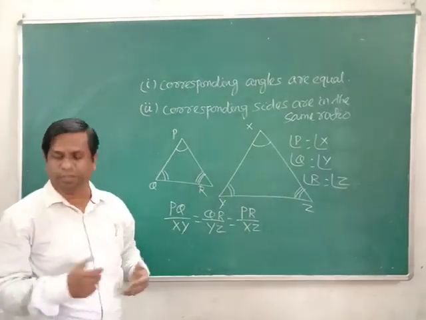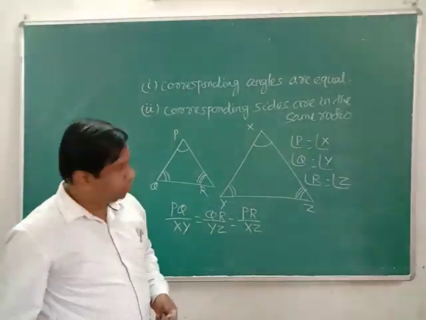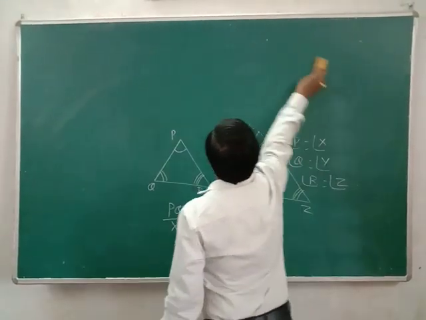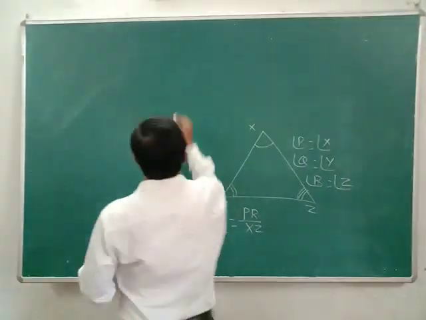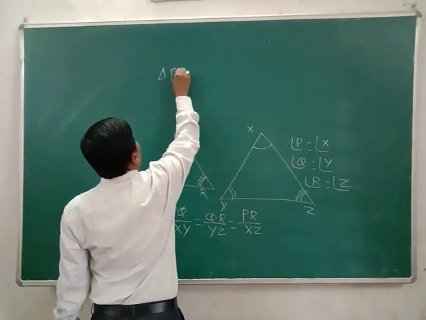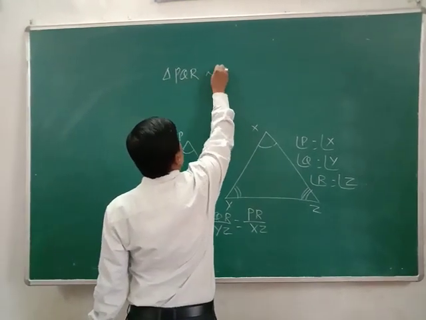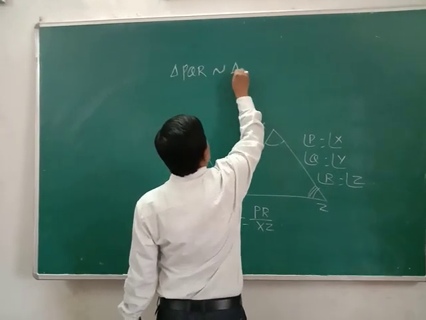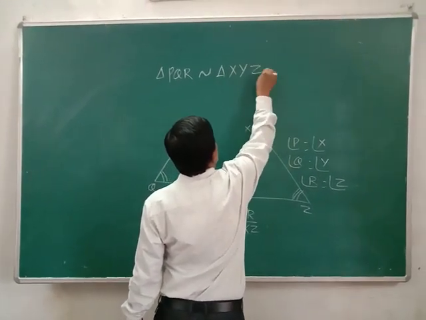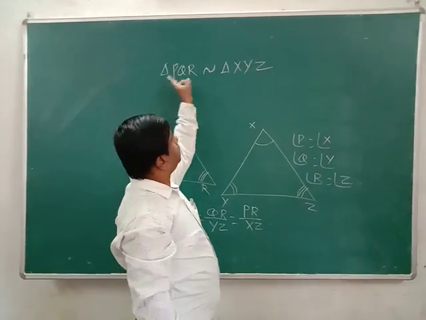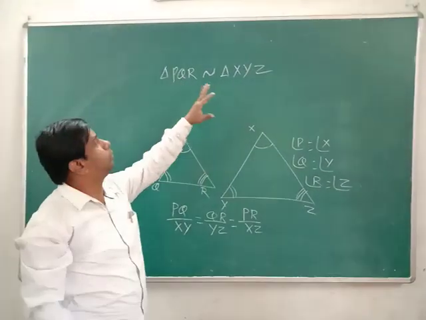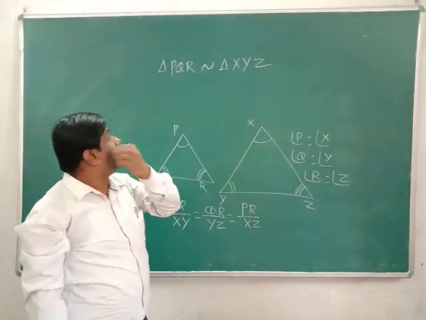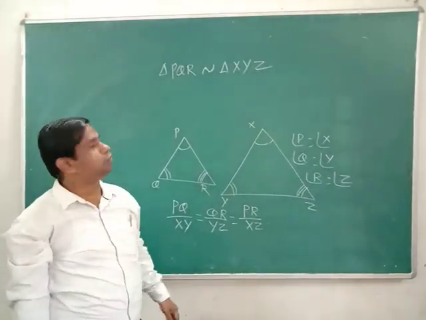Now how to write this? This is the symbol. Triangle PQR is similar, this is the symbol of similar, to triangle XYZ. You have to write the corresponding vertices, otherwise that will be wrong, or you cannot find the ratio of the sides.